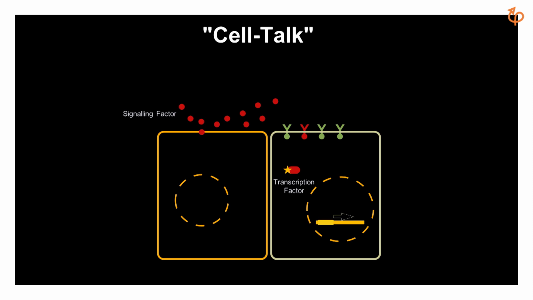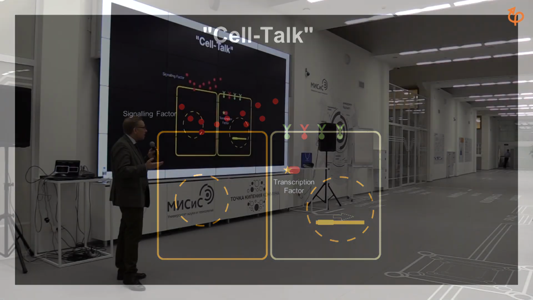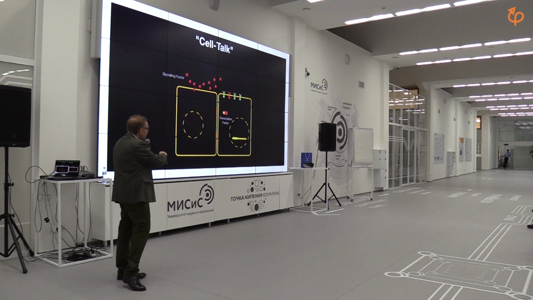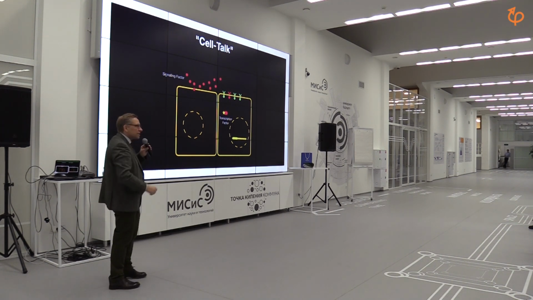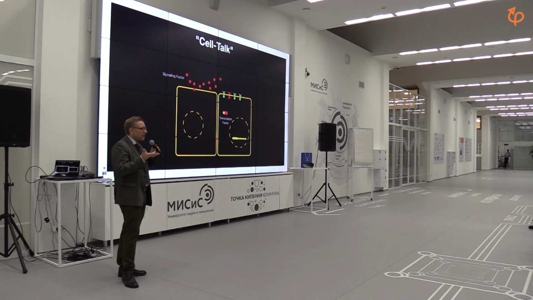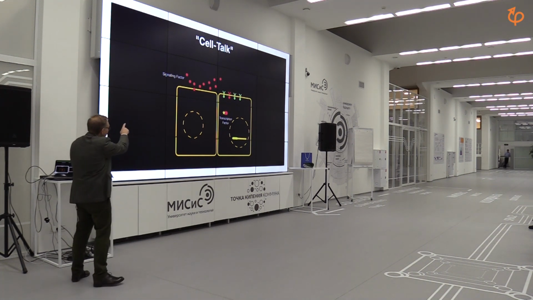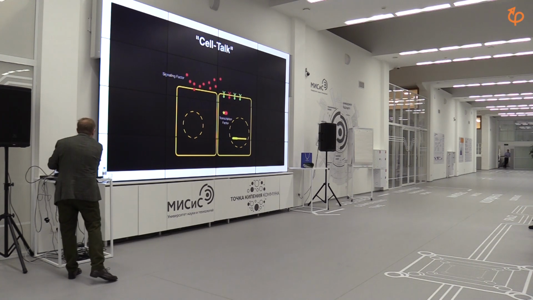And now I show you a short animation, which I made by myself. So this is a cell talk, right? Cell talk means the left cell, which is symbolized by the square, will talk to the right cell. And they do this using molecules. I mentioned that molecules are the carriers of the information and that there are different molecules in place. So now watch what happens with the signaling factors.